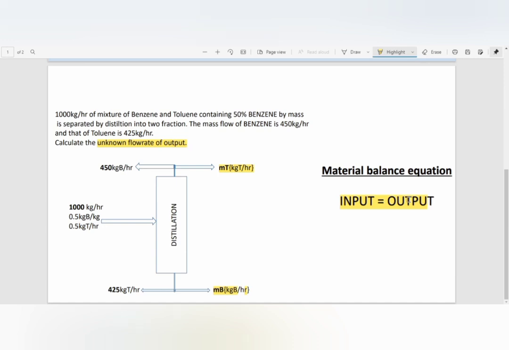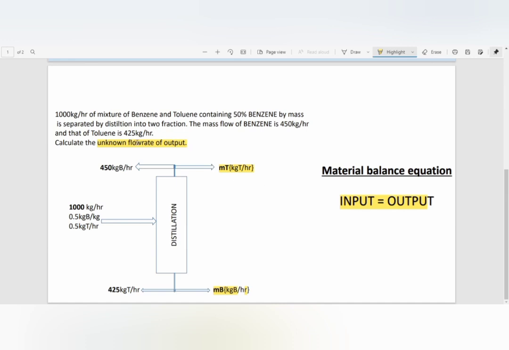This is a single unit system. We have one stream going into the system and four streams going out. There are two main outlets, one at the top and another at the bottom. Above, we have benzene and toluene in the inlet, so similarly we will have toluene and benzene in the outlet streams.